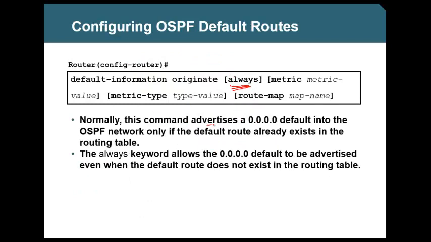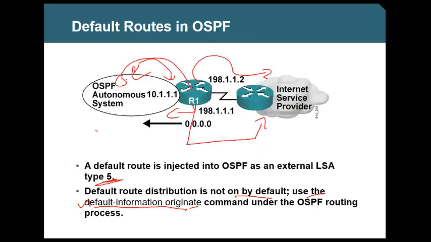Normally this command advertises 0.0.0.0 default into OSPF networks only if the default route already exists in the routing table. Very important. R1 should have a static default route written by you. Only then can default-information originate advertise a default route to every OSPF router.